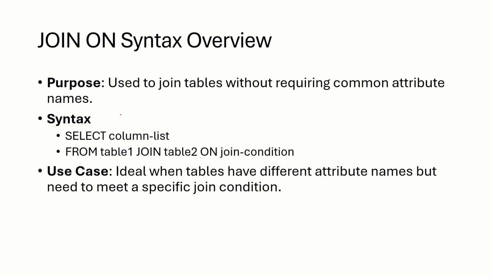We do have another one, called JOIN ON. It does the same thing, but you provide a more flexible way to join using the join condition. Sometimes different tables may share the same value but use a different column name. In that case, we use JOIN ON.